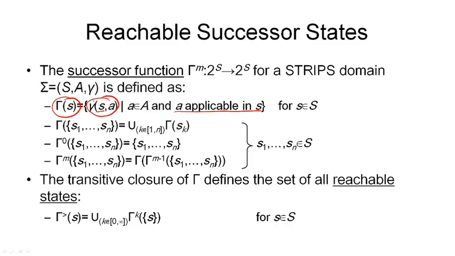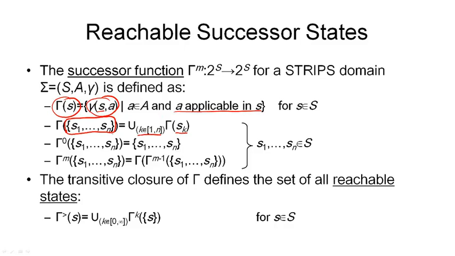We can extend this definition slightly. Suppose we are not in one state, but we are in a set of states. We know that we are in one of these states, and we want to define what states are reachable from any of these states. Then this is simply the union over any of these states of gamma(s_k). So we compute the successors for each of the individual states and build the set union, which is the result of gamma of s1 through sn.